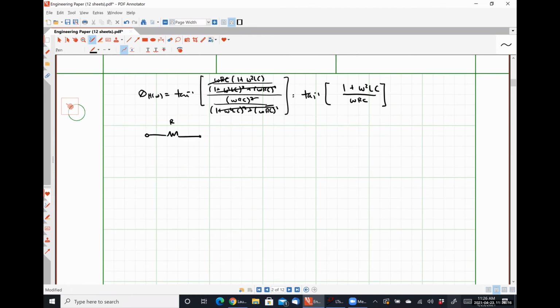So here's our resistor. Here's our inductor, capacitor.